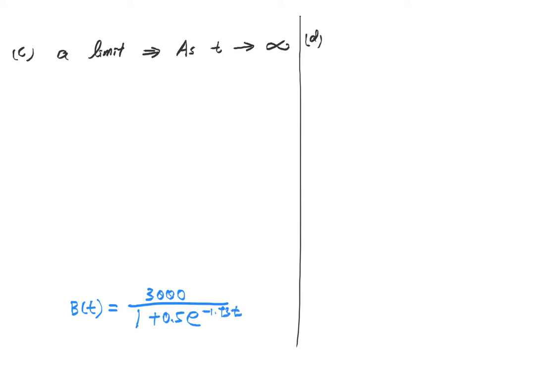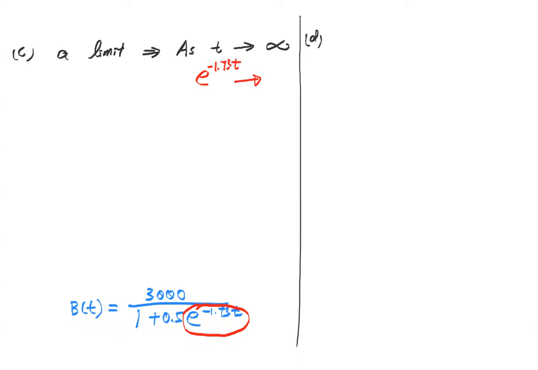Okay, so as t approaches infinity, we have to look at this first. Any terms involving t, we study one by one. Please don't use rate in the exam. So what happened to e to the power negative 1.73t?